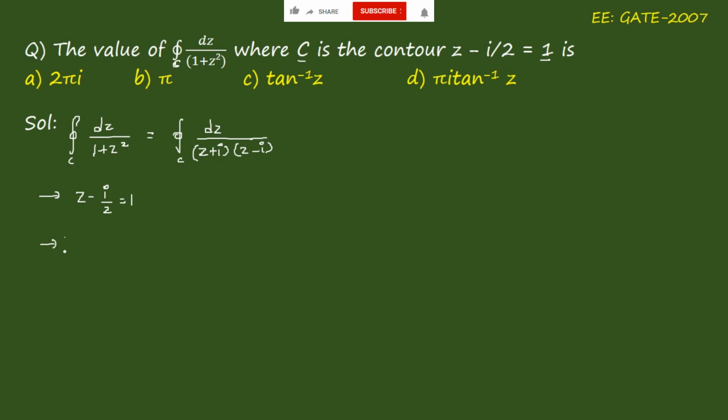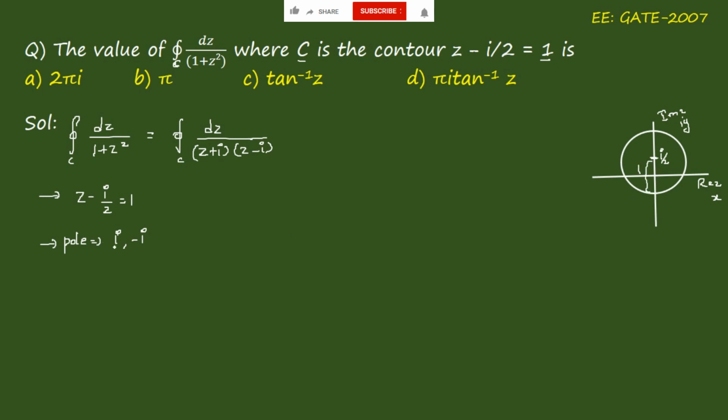So we're checking with the poles, which of the poles will be inside the circle or not, okay? The poles are i, comma, minus i, right? If you consider a graph here, there is the real part of z, this is the imaginary part of z. This is x, this is i by 2, right? Now it is centered at i by 2, and the radius is given as 1, right?